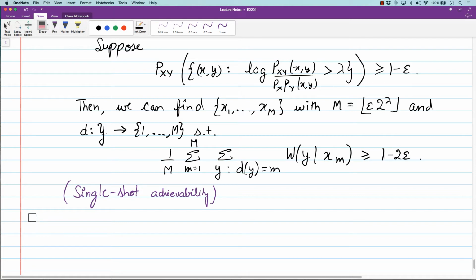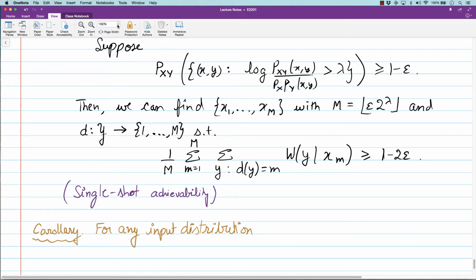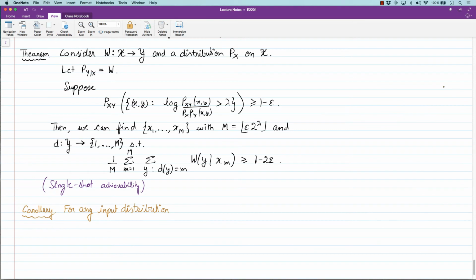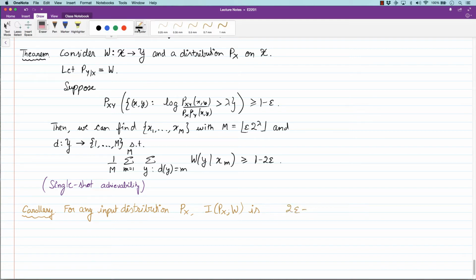So, corollary: for any input distribution Px, I(Px, W) is an 2 epsilon achievable rate. Okay.